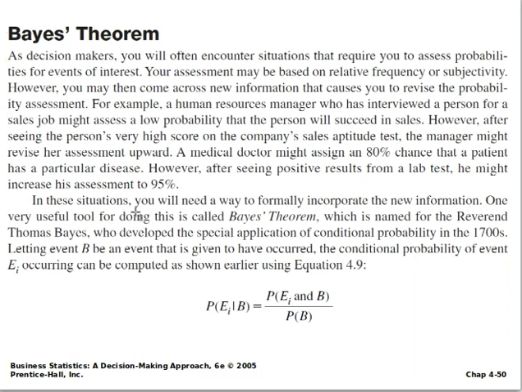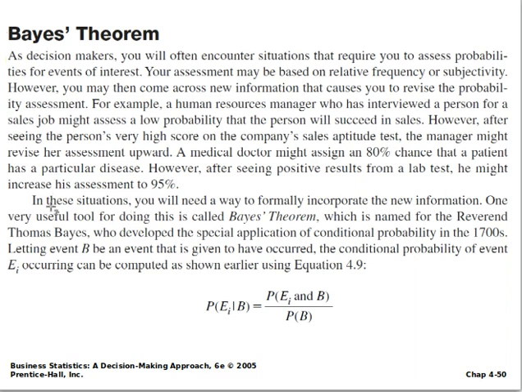A medical doctor also might assign an 80% chance that a patient has a particular disease. However, after seeing positive results from a lab test, he might increase his assessment to 95%.